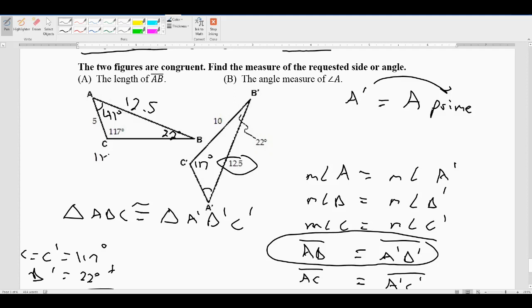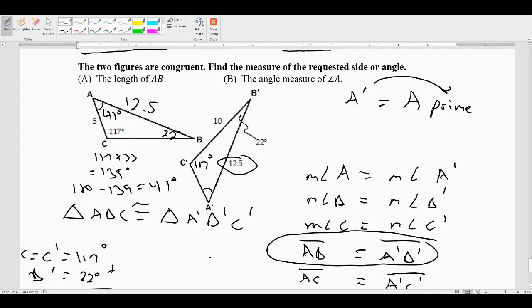And you could do 117 plus 22, and you'll get 139 that way. And then 180 minus 139 is 41 also. So it doesn't matter, just bring the angles over either way you want to go. I did it the long way just so you can see how everything relates.